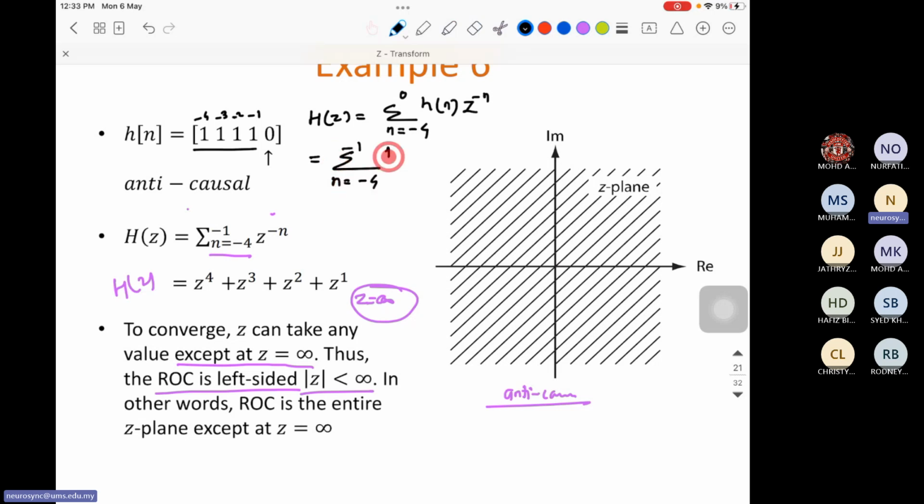H of n is 1, so 1 into z to the power minus n. And plus, we are left with only n equal to 0, so summation is not needed. At n equal to 0, the value of h of n is 0. 0 into z to the power minus n. Therefore, this whole term is 0.